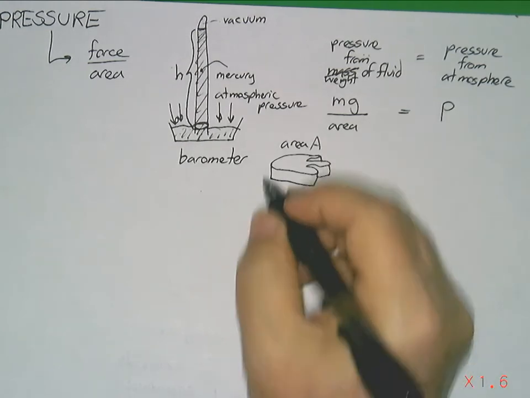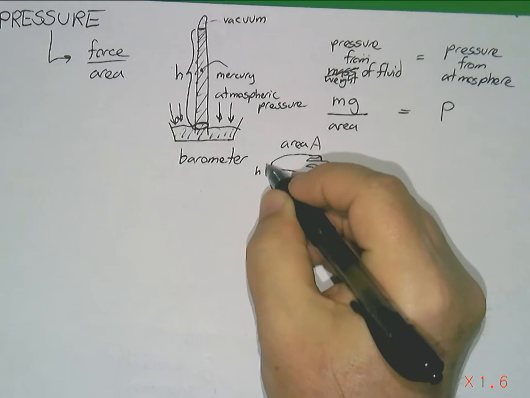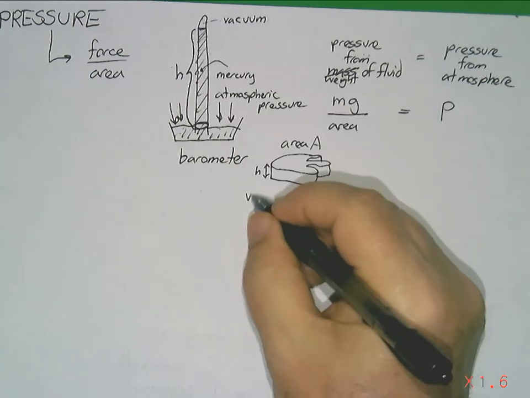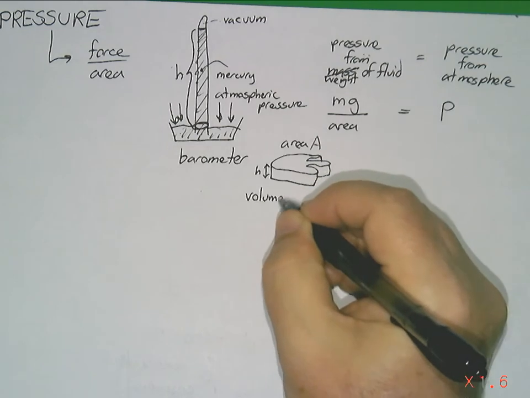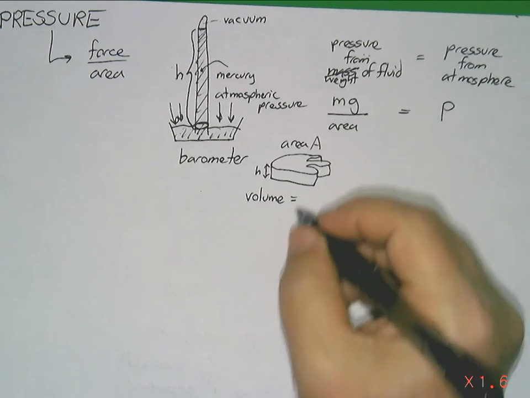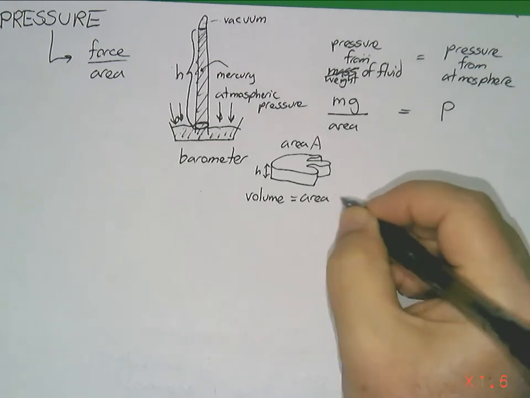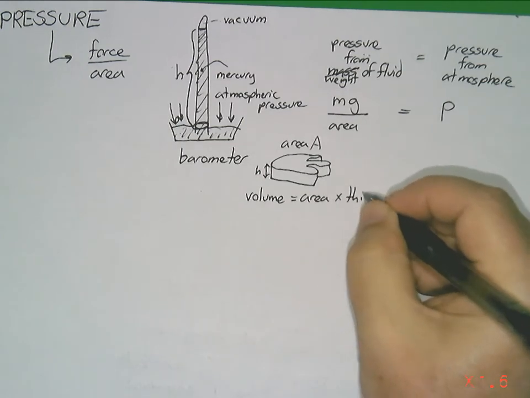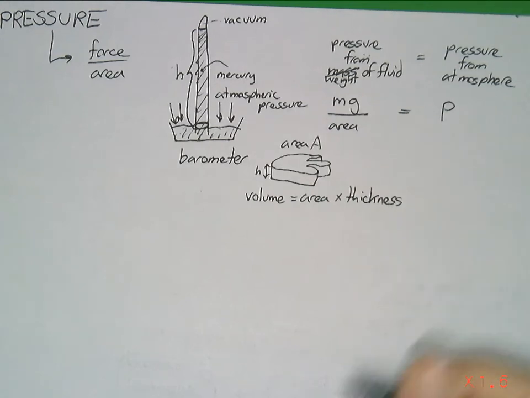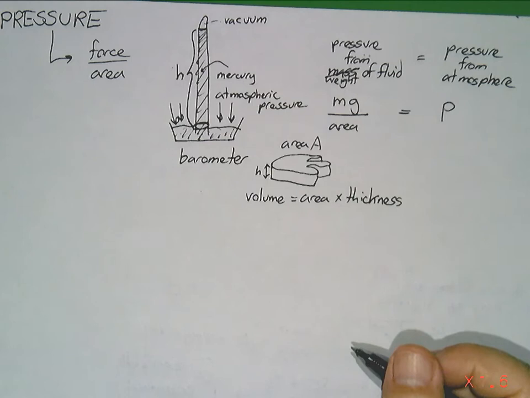Let's call that thickness H. It's just like our H up here. The volume of anything, no matter what shape it is, is the area times the thickness. As long as it has the same thickness everywhere, this formula will work. It's a pretty simple formula.